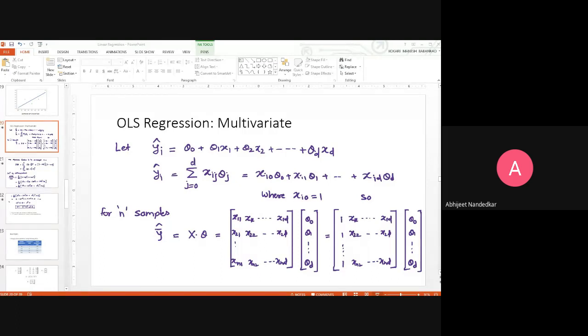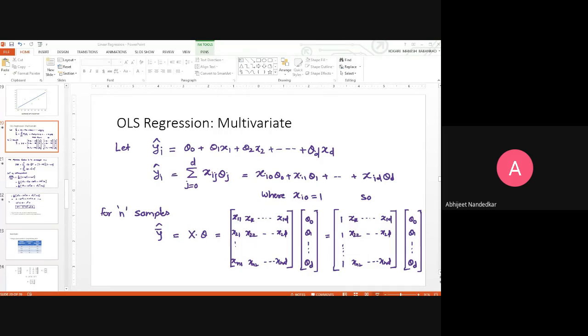C is called the biasing, or a constant, so that you can adjust the line position. Here theta 0 will do that job. It will adjust the line position, and then all these thetas, theta 1, theta 2 up to theta d, will adjust the slopes or orientation with respect to that axis.